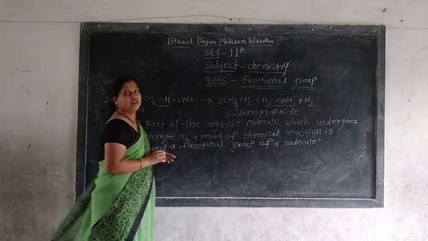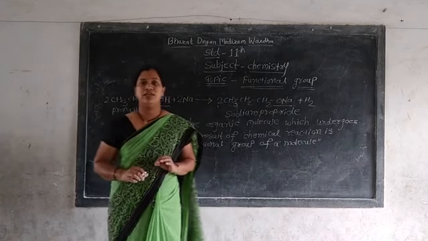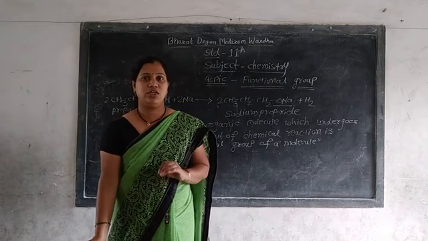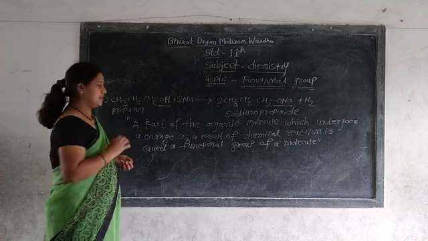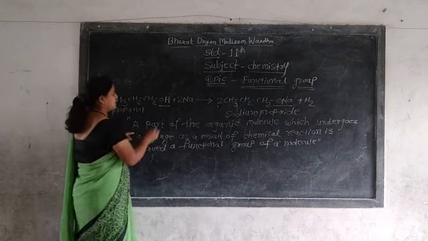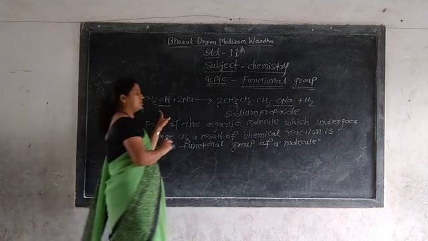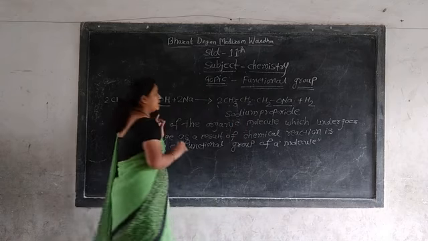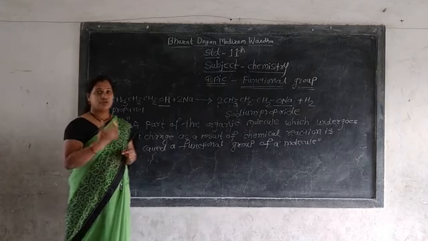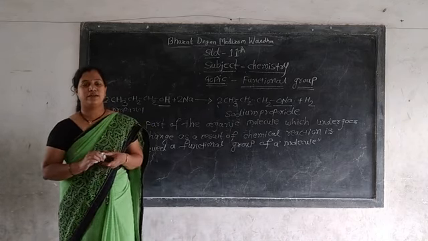So how can we define the functional group? A part of the organic molecule which undergoes a change as a result of the chemical reaction. Means OH is the functional group present in the substrate propanol which gets changed to ONa.